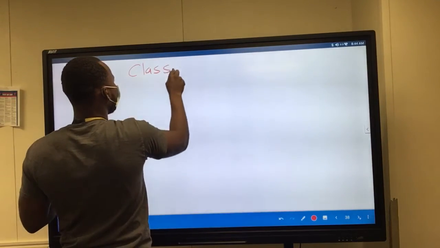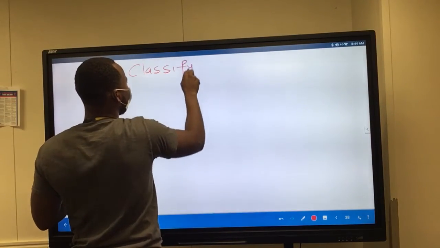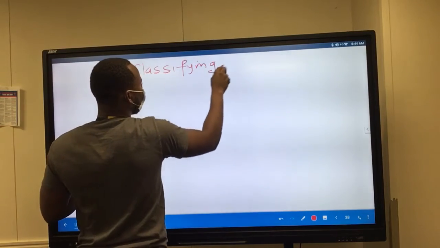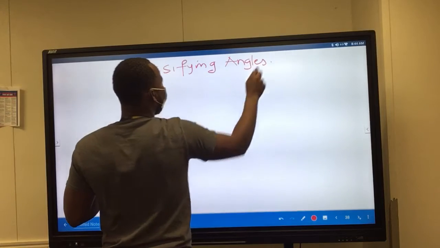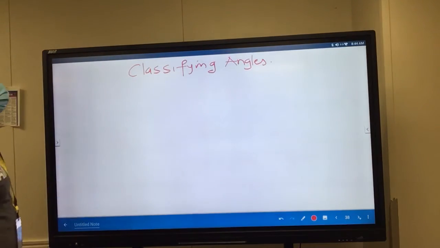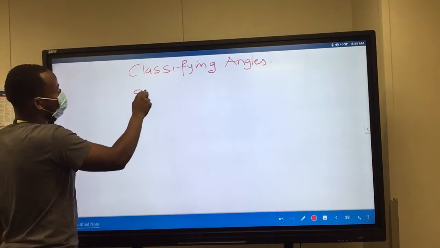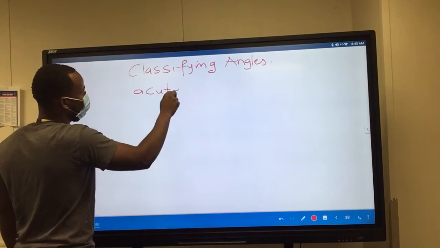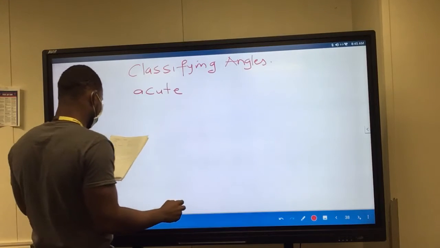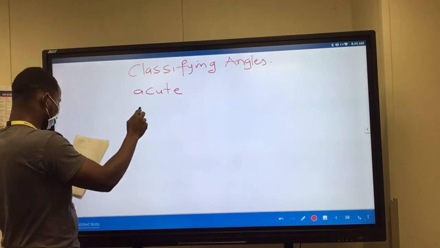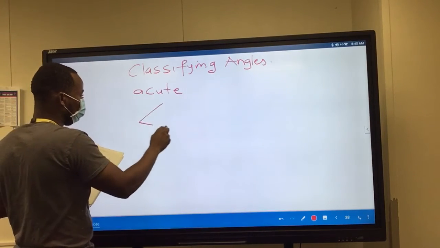So classifying angles. The first angle we want to talk about is called the acute angle. This angle measures between 0 and 90. So acute angles are in the form this way.